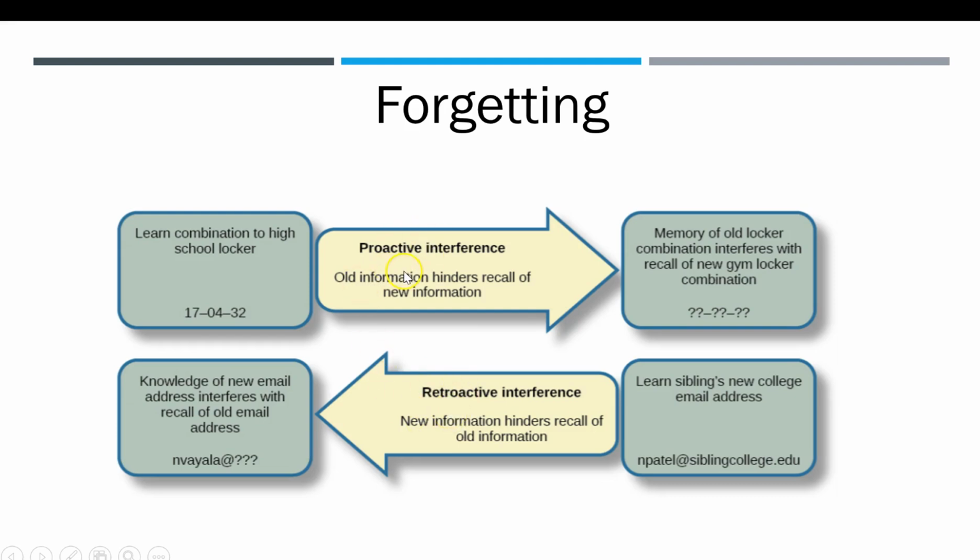Whereas for proactive, old information that we learned hinders the recall of pro or forward information, so new information that we're learning. And these are the differences between proactive and retroactive interference, with some examples that are listed.